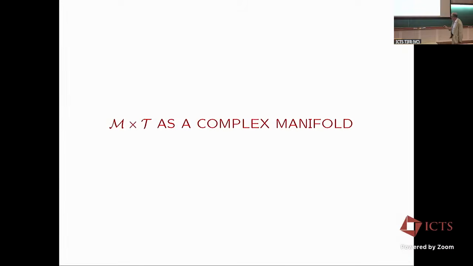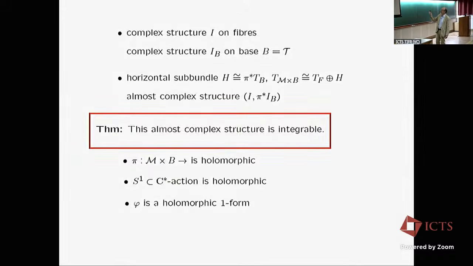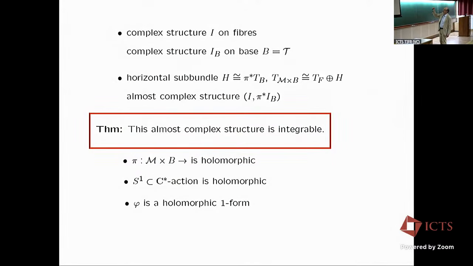Okay, so the main purpose of this is we want to reconstruct now M cross T as a complex manifold where the fibers are the Higgs bundle moduli spaces with complex structure I. But we're going to use the function f, or this symplectic connection, to do that. So here's a statement. The invariant symplectic connection describes a horizontal subbundle of the product.